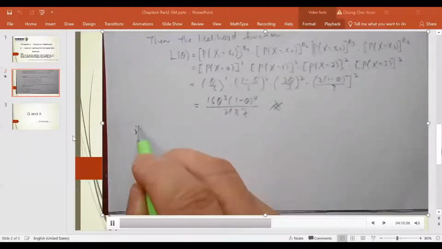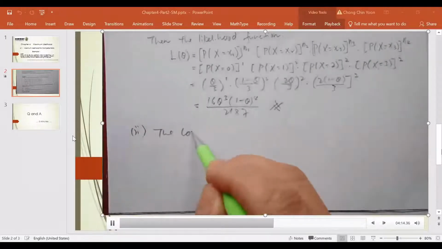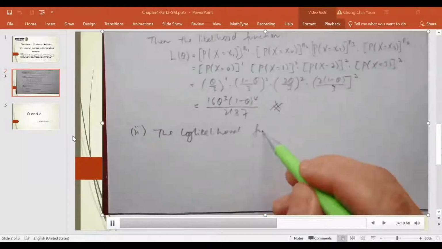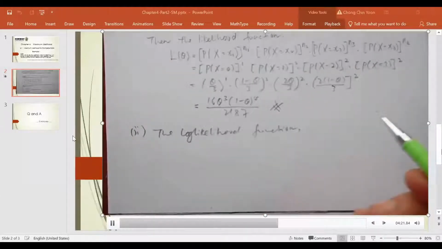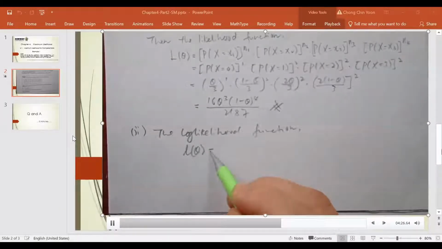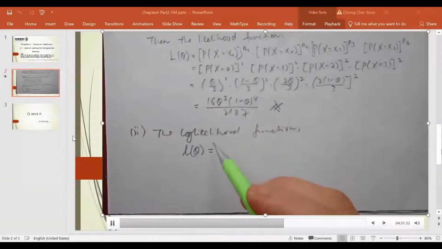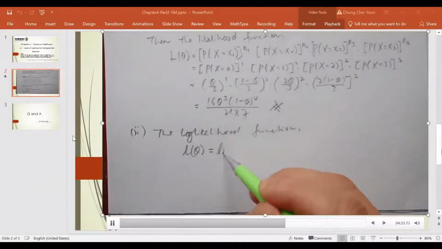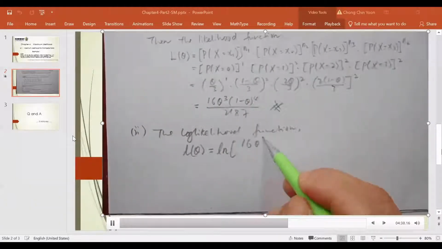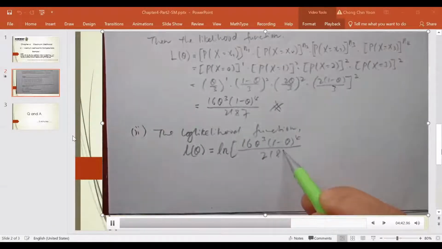Part 2. The log likelihood function, that is small letter l in terms of theta, is equal to the log of this value, that is 16 theta cubed (1 minus theta) to the power of 4 divided by 2187.